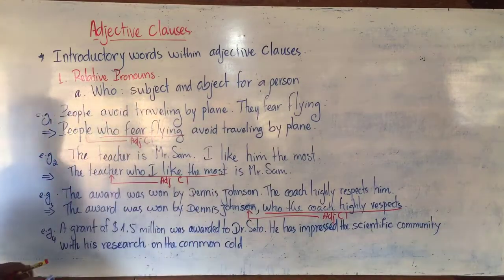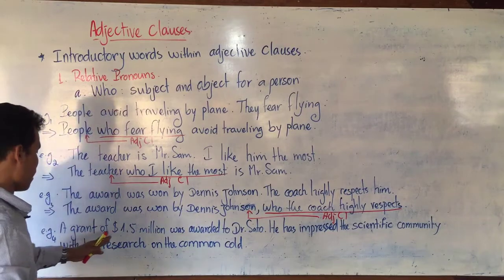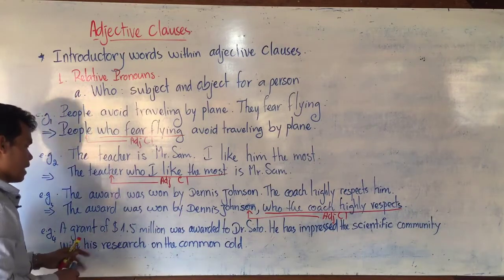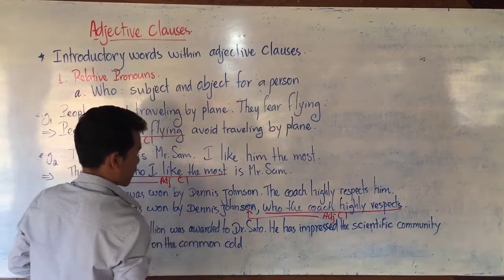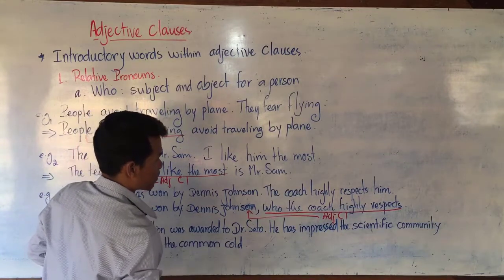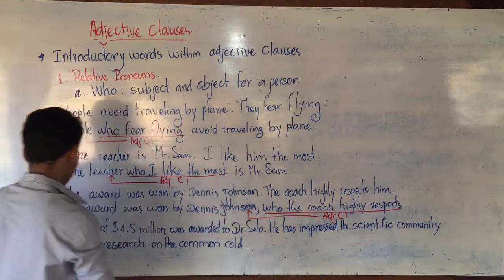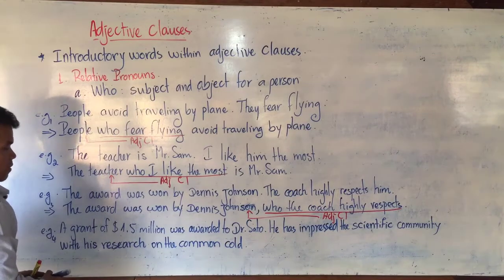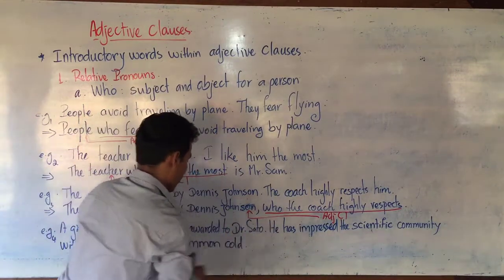Number 4. A grant of $1.5 million was awarded to Dr. Sato. He has embraced the scientific community with his research on the common cold. Dr. Sato and "he" are the same thing.